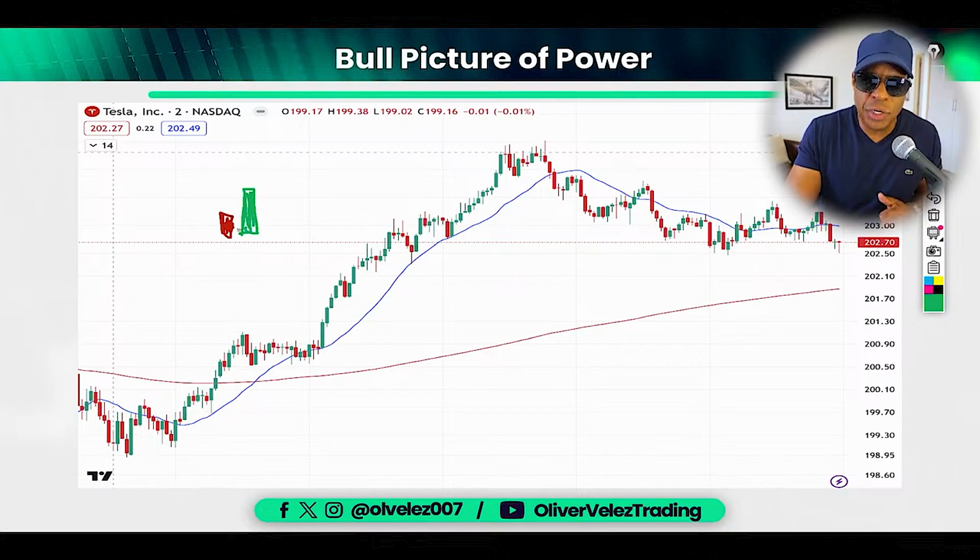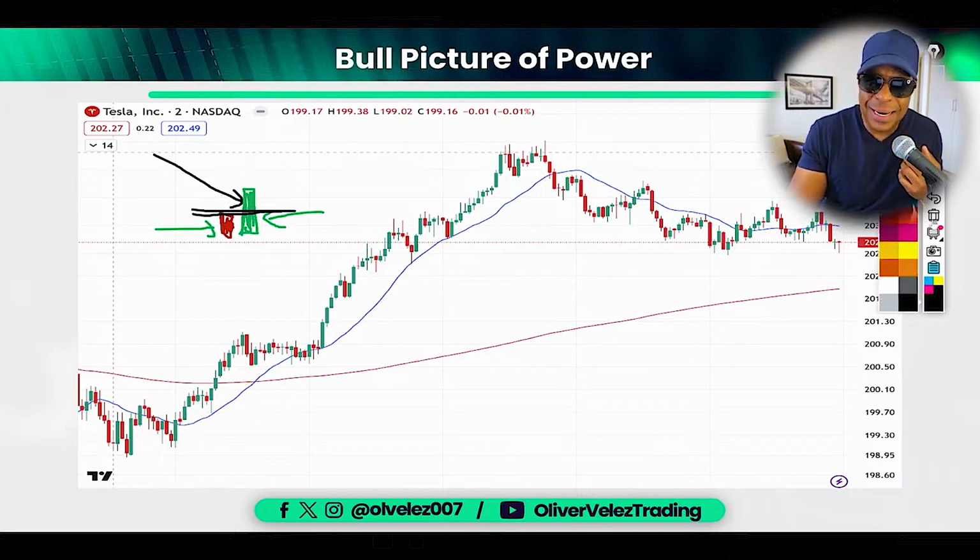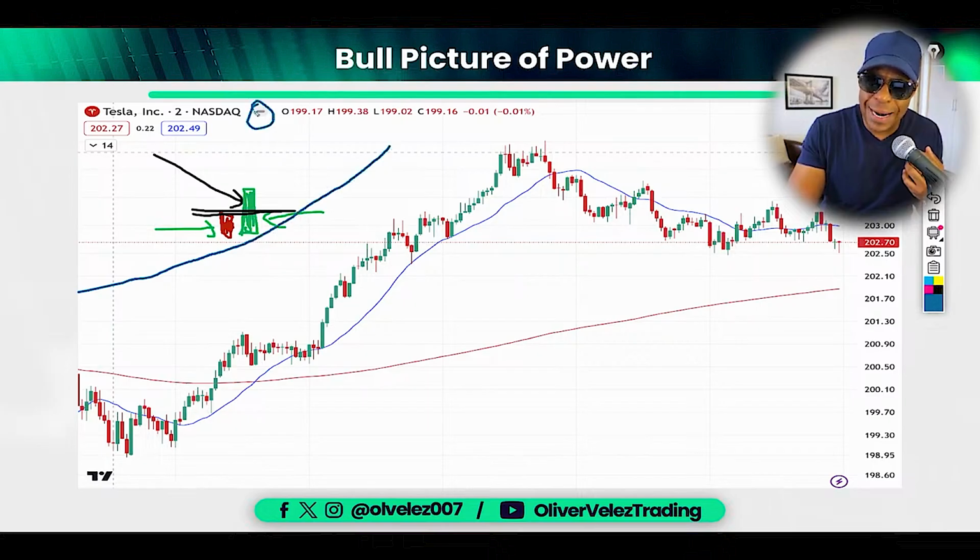You change from red to green, and your buy is right above the red. Boom! You buy into that bar as soon as it bypasses the red. But this event must be near the 20. You don't want it out here away from the 20. You want it near the 20.